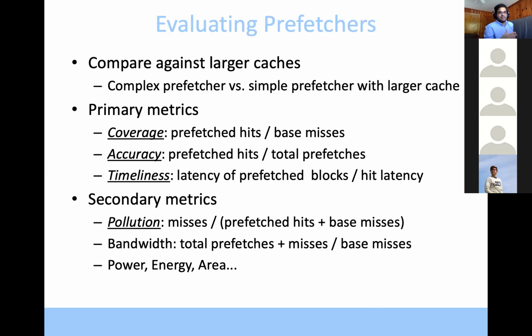If you only had a next line prefetcher but you had a stride access pattern, your coverage would be really bad. That would be calculated as prefetch hits divided by base misses, which is all misses. The accuracy is how many of the prefetched things were the right thing. That would be prefetch hits divided by total prefetches.